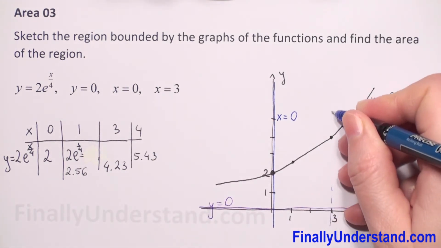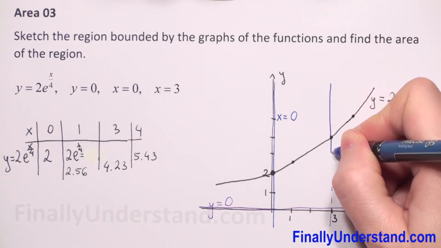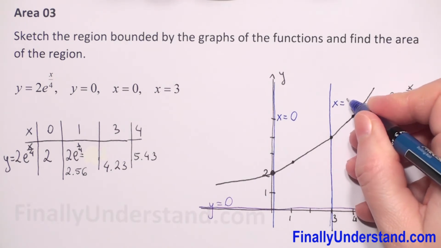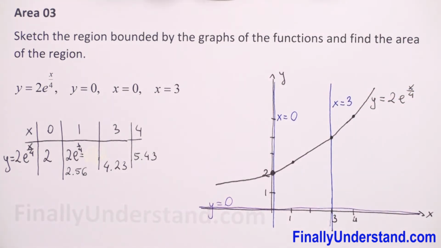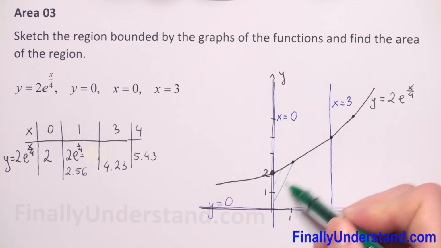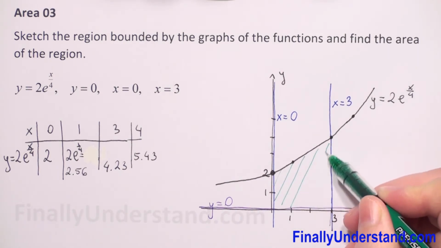So this is our x equals 3 line. So we see that we got an area between these 4 curves, and we have to find this area.